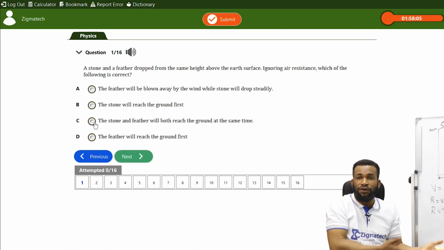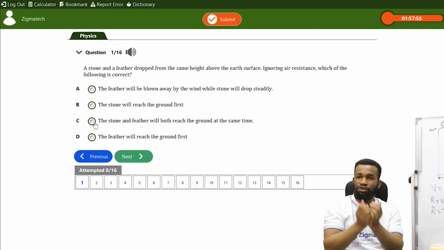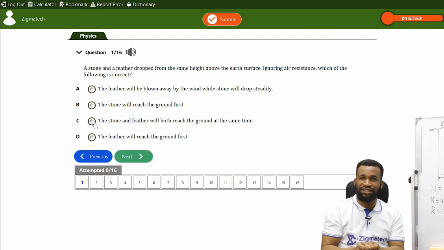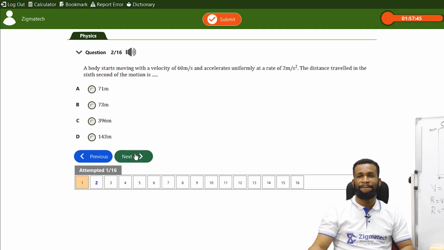So why will the stone fall first before the feather? Just because of the resistance of the air. Air resistance is affecting the feather from falling down. But when you ignore air resistance, as the question stated, option C becomes the best because both the feather and the stone will hit the ground at the same time. And option C is correct.